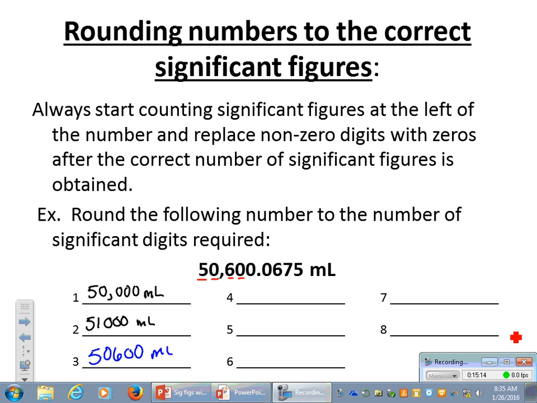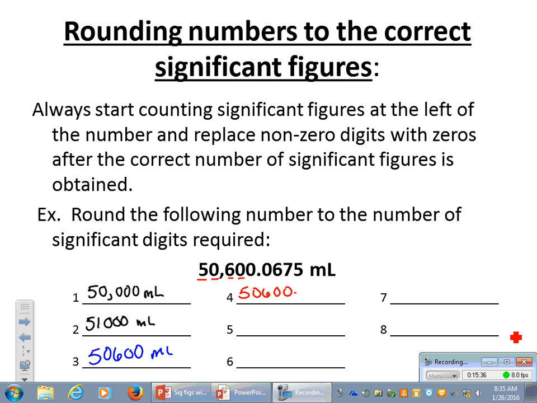Now this one gets a little tricky because we have 5, 0, 6, 0, 0. Well, without a decimal place, those trailing zeros are insignificant and the captive 0 is significant. So that would have 3 significant digits. But we need to have 4 significant digits in this measurement.